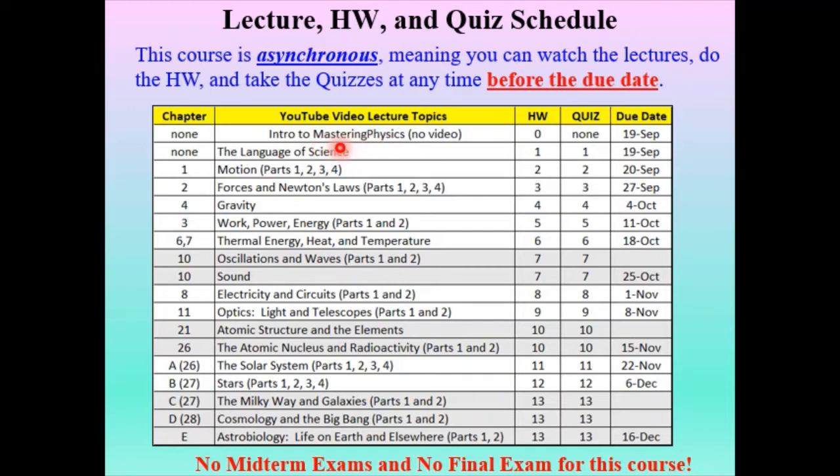It'll tell you how to enter numbers such as scientific notation, exponents, square roots, things like that. I would definitely do this assignment, but it's not graded. It's just to teach you how to use the system, so you can start working on it immediately. There is no quiz for this homework assignment because it's just for practice.